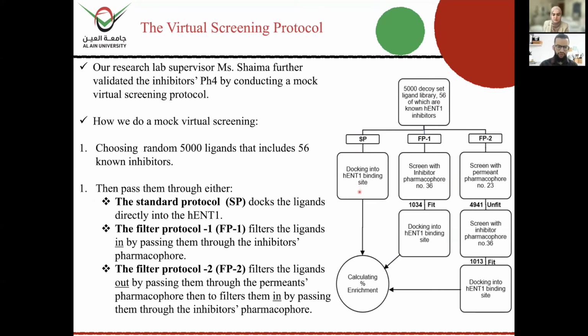The standard protocol docks them directly inside the hENT1. The second was filter protocol number one, which filters the ligands by passing them through the inhibitor pharmacophore, and filter protocol number two, which filters the ligands by passing them through the permeant pharmacophore and then the inhibitor pharmacophore.